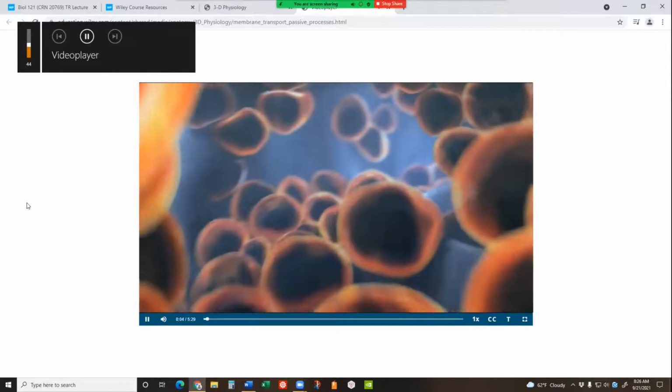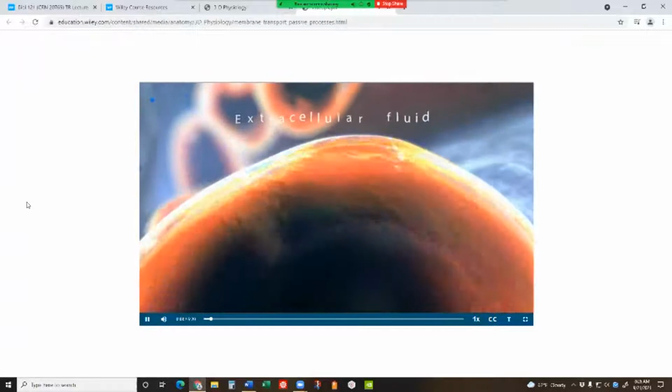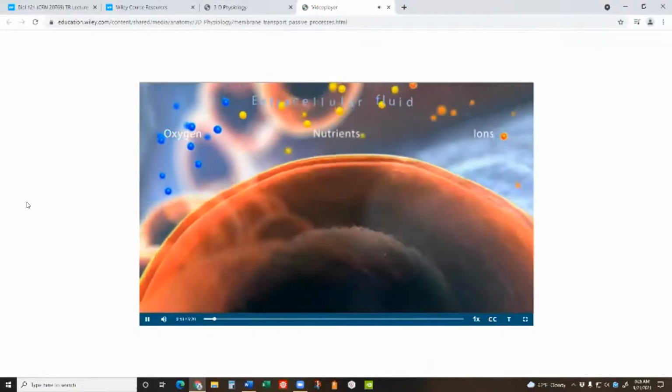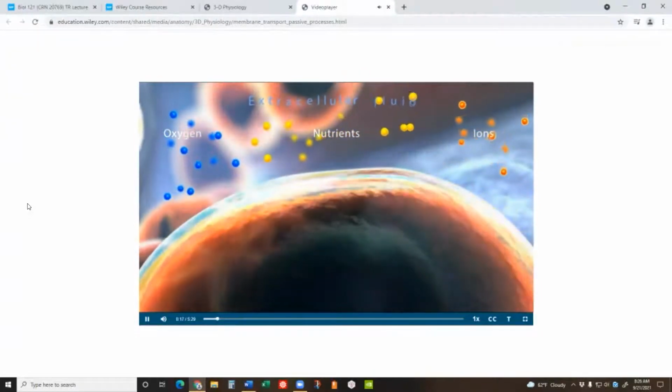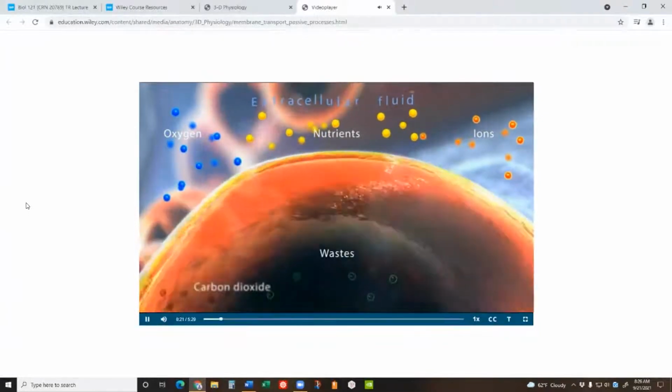The 60 to 100 trillion cells of the human body are surrounded by extracellular fluid containing substances needed by the cell, such as oxygen, ions, nutrient sources of energy, and ingredients for cellular functions. This fluid is also the location for disposal of wastes and carbon dioxide.